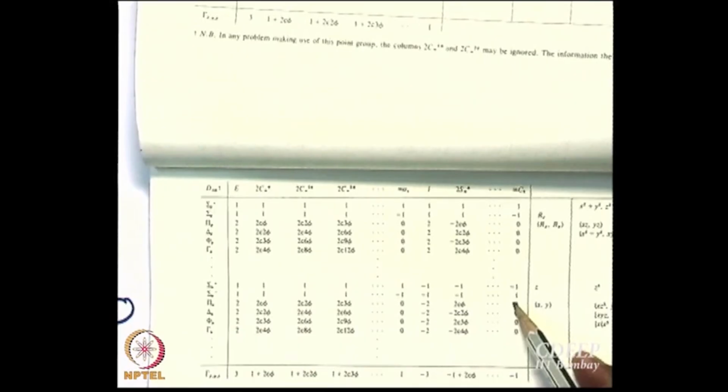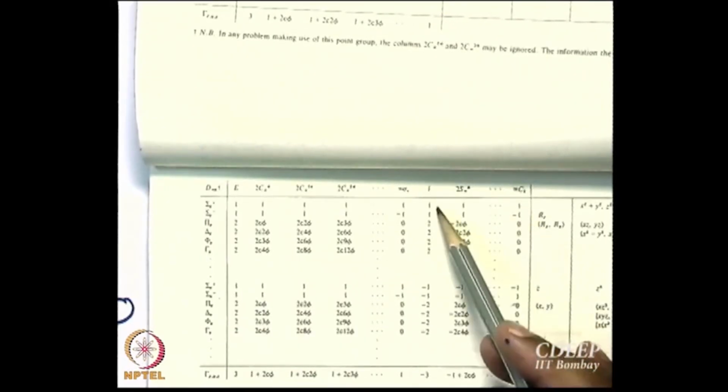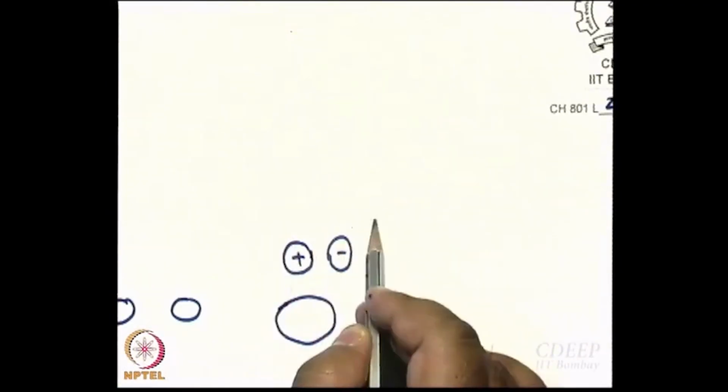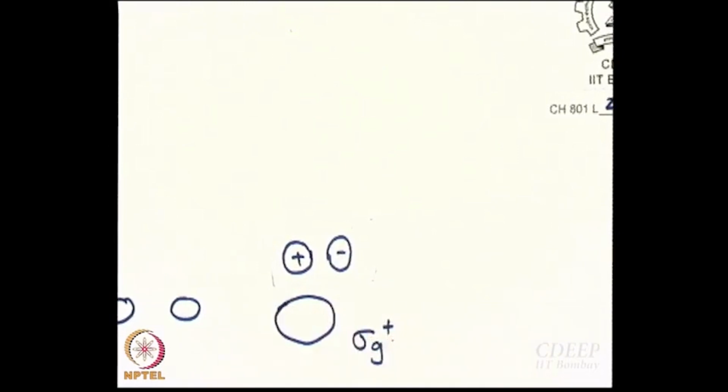So, you have to remember these two, C2 and sigma v. So, what will be the character of sigma v for this? Where is sigma v? This sigma v, what is the character? Plus 1 or minus 1? Plus 1, sure, right? So, immediately we see that it has to be sigma u plus, right?